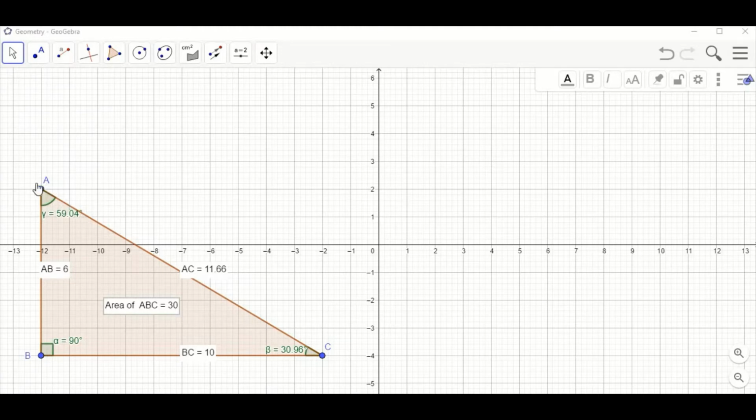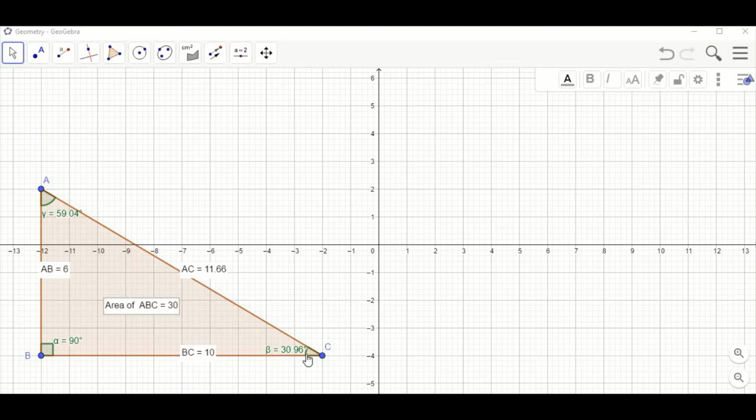The length of AB is 6. The length of AC is 11.66 units. And the length of BC is 10. We also have angle ABC equal to 90 degrees, which is the same thing as angle alpha here.